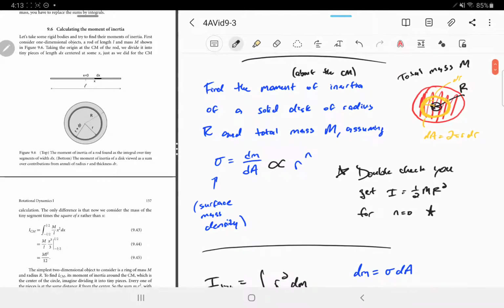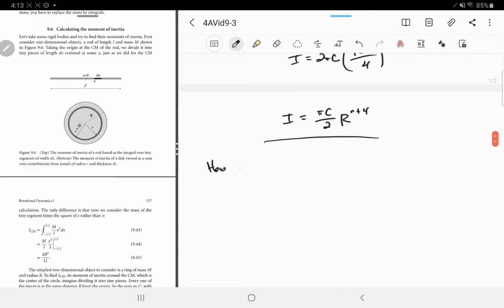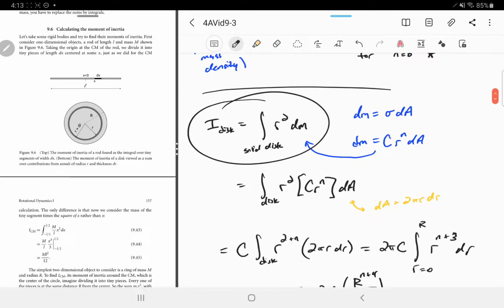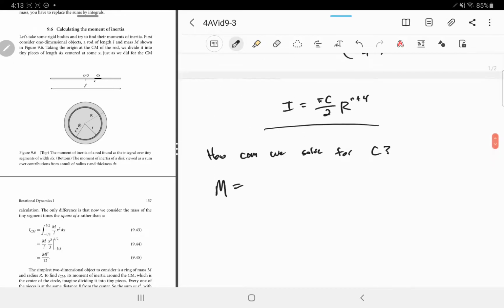So let's see, how can we solve for c? What you can do is set up this integral again, but solve for the mass by not integrating r squared dm, but just integrating dm. In other words, the total mass of the disk, which we are allowed to use in our answer, is the integral of dm over the disk.